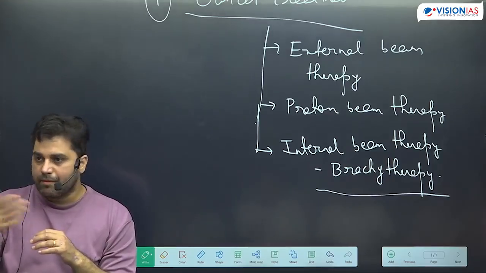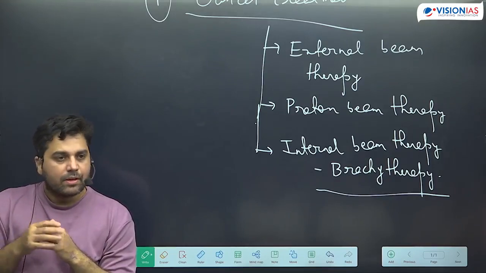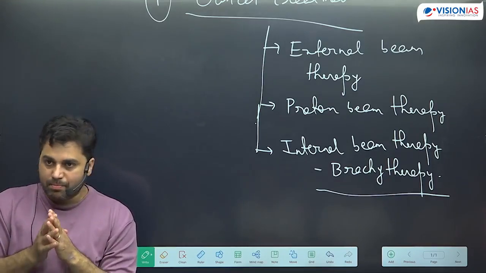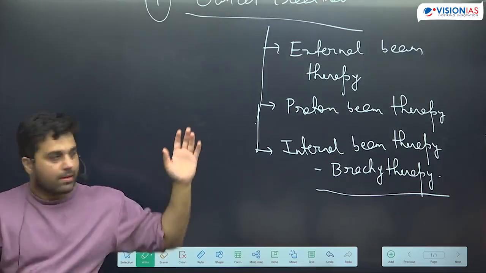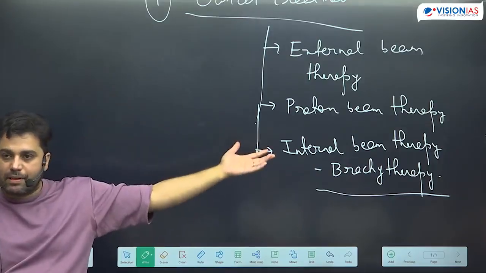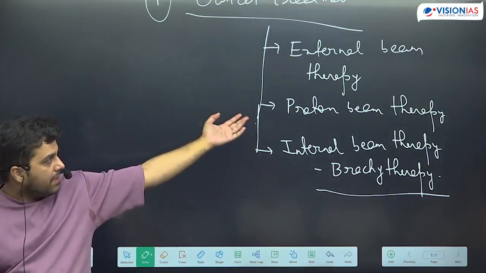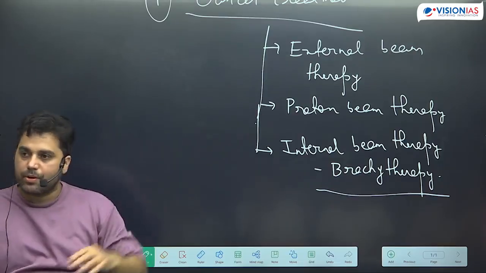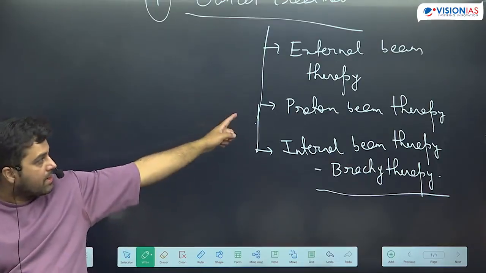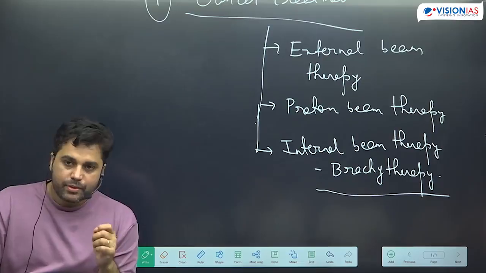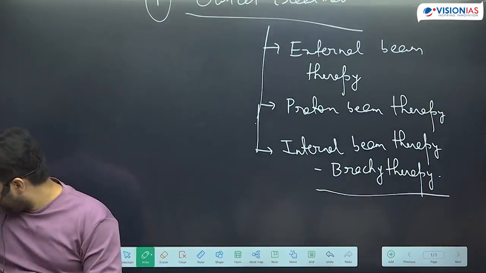There is often a recurrence of cancer, and doctors use external beam therapy to ensure that this does not happen. It may not be effective all the time, but it is a very important part of the cancer treatment protocol. That is why we are calling it external beam therapy, because we are using this externally.